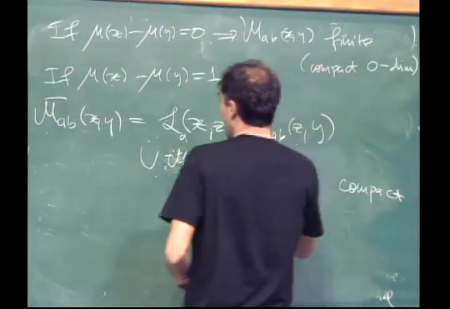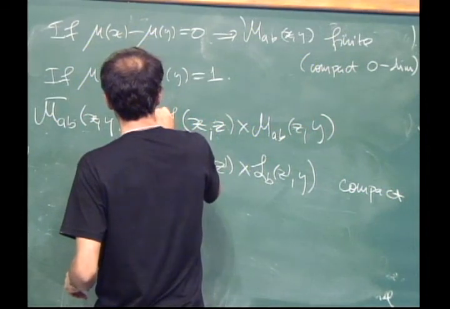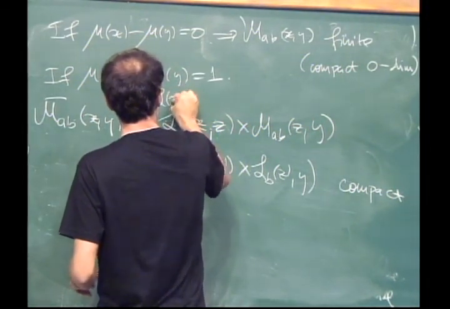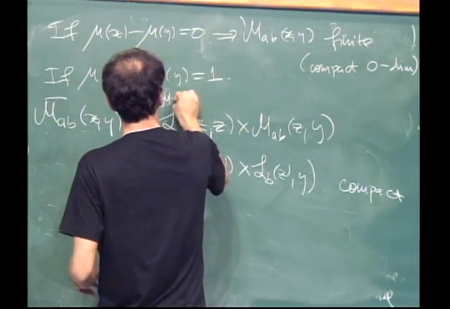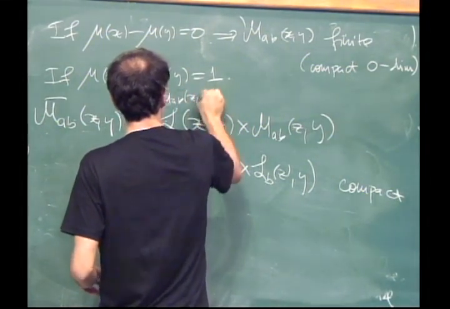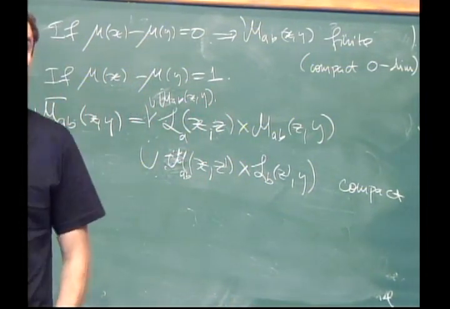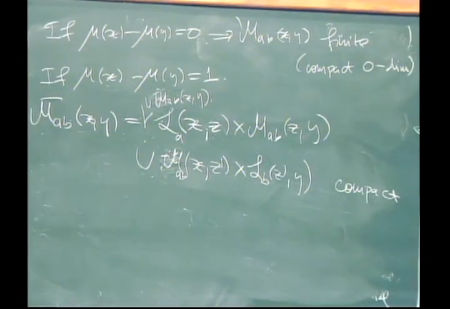I forgot to union L union M_AB(x,y). So this turns out to be a one-dimensional manifold with boundary.